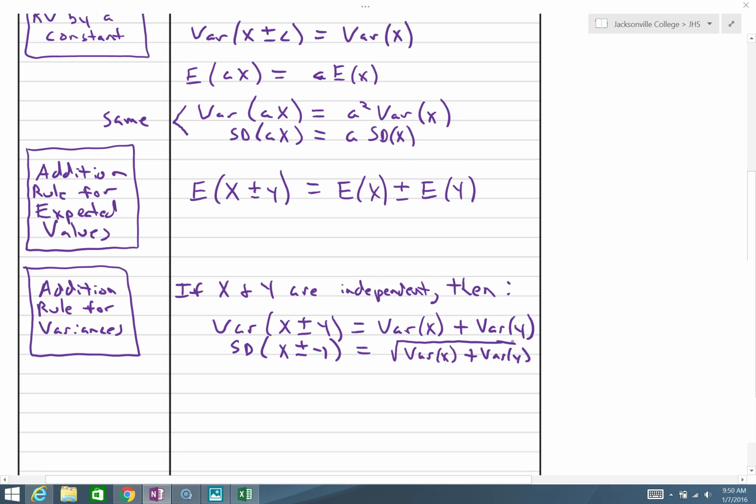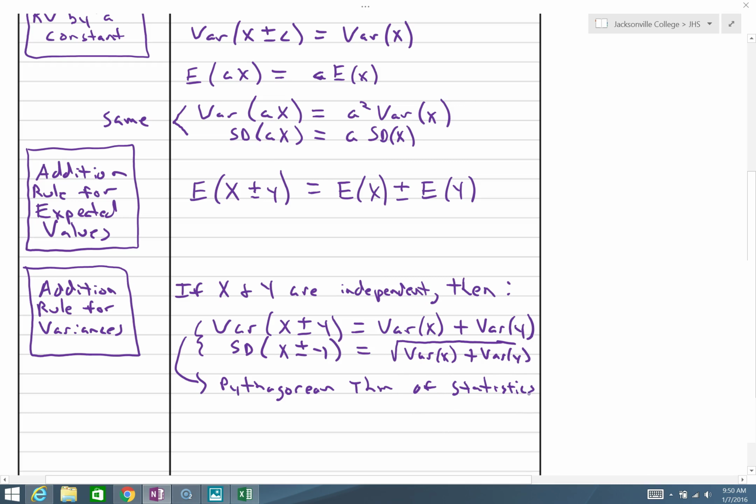This formula here is often called the Pythagorean theorem of statistics.